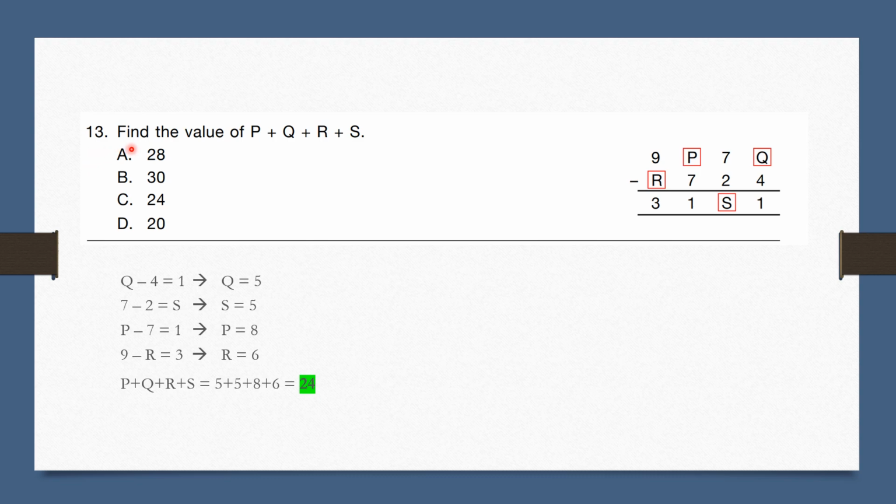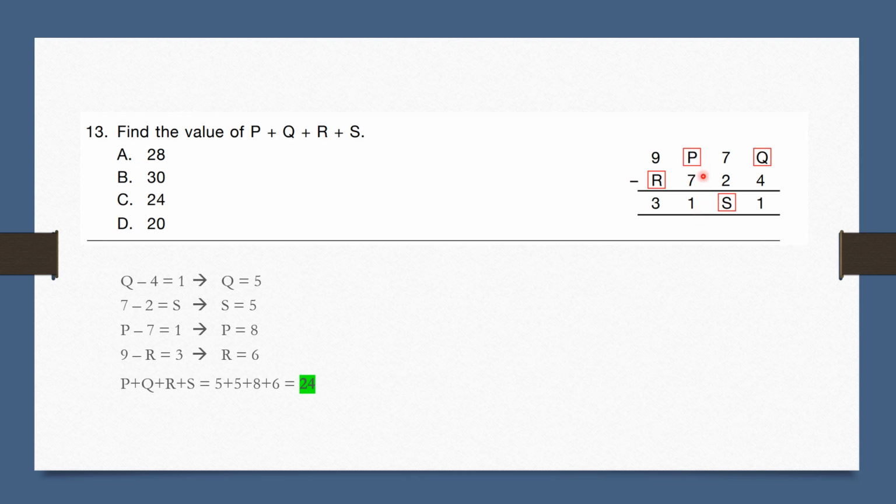Question number 13. Find the value of P plus Q plus R plus S. Let's see. Q minus 4 equals 1. So Q will be 4 plus 1, which is 5. Let's see what S will be. 7 minus 2 equals S. So S will also be 5. Now if you see here, P minus 7 equals 1.